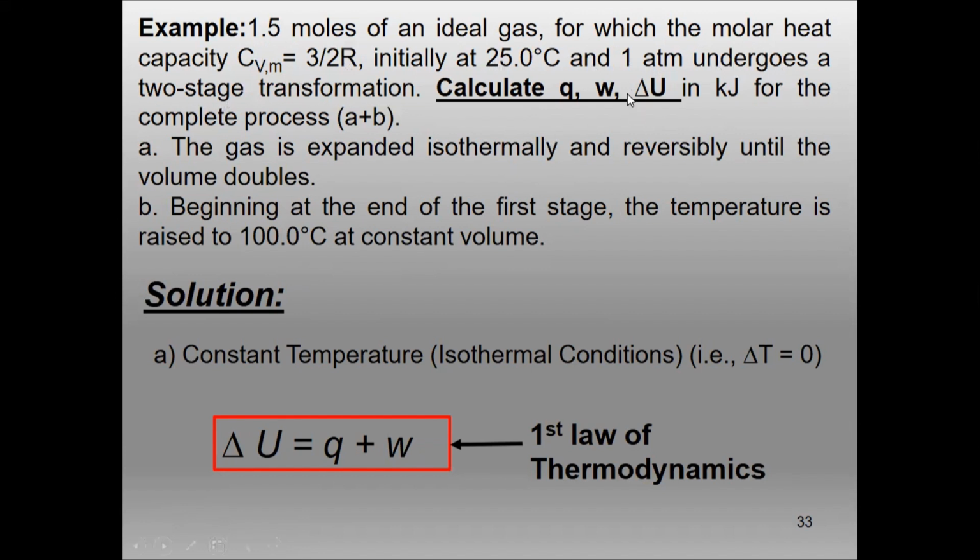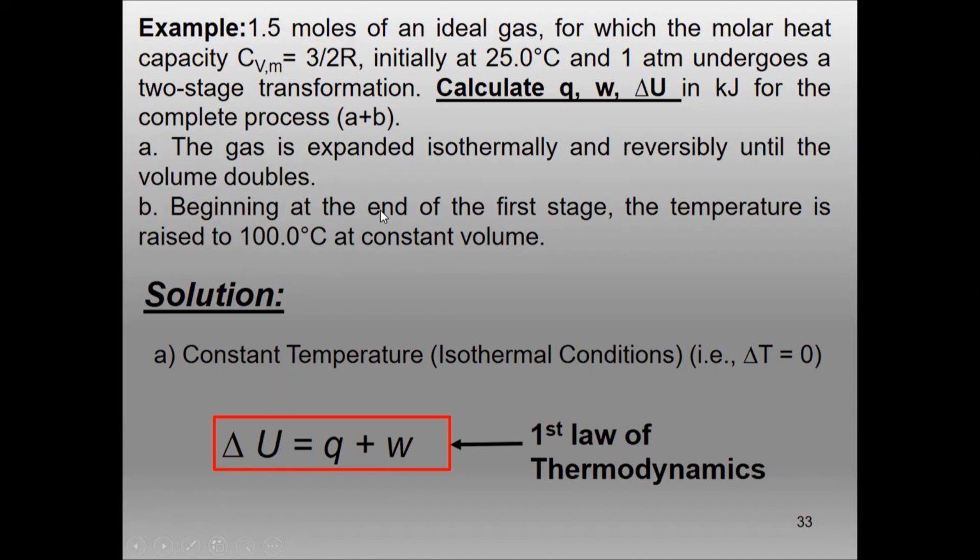Calculate Q, W, delta U in kilojoules for the complete process, which means summing both processes. So here is process A. The gas is expanded isothermally and reversibly until the volume doubles.